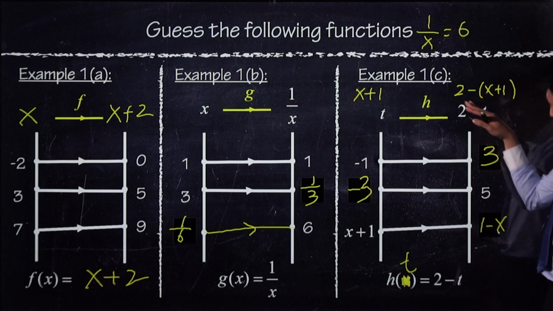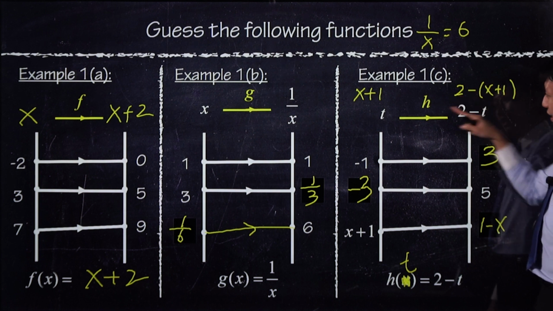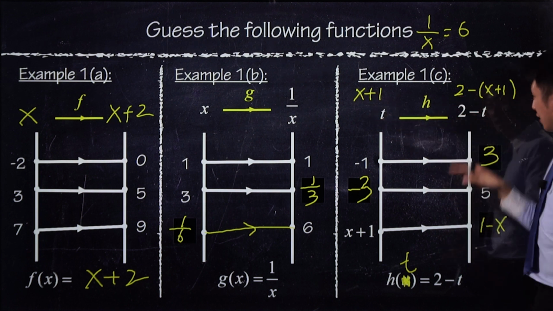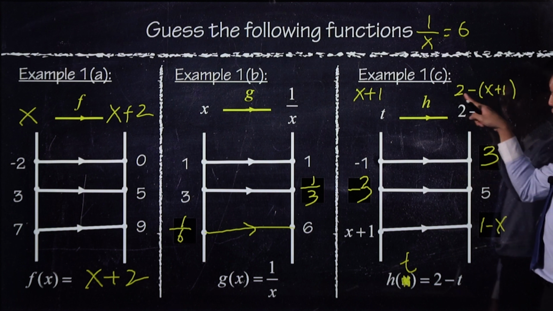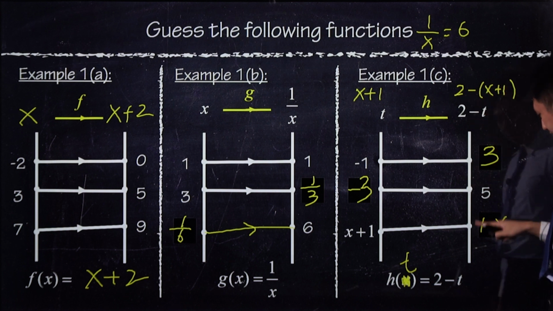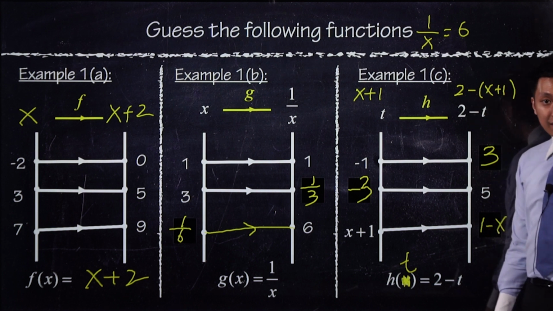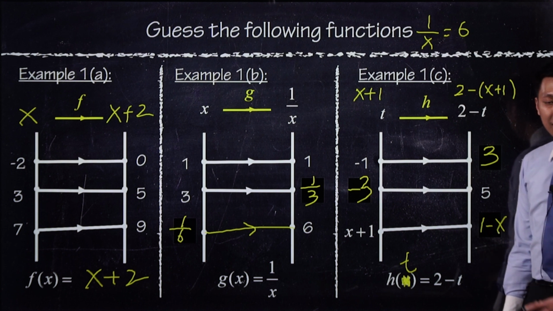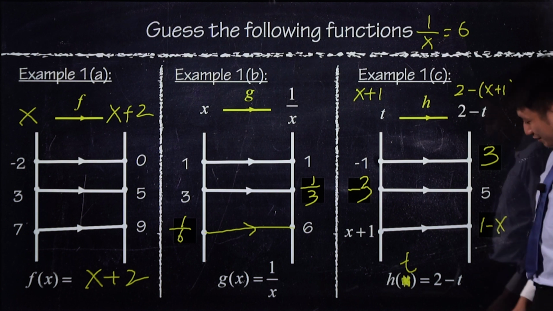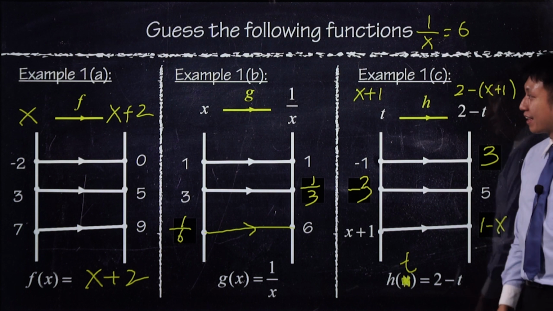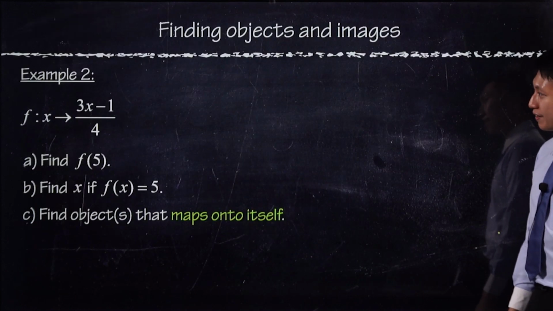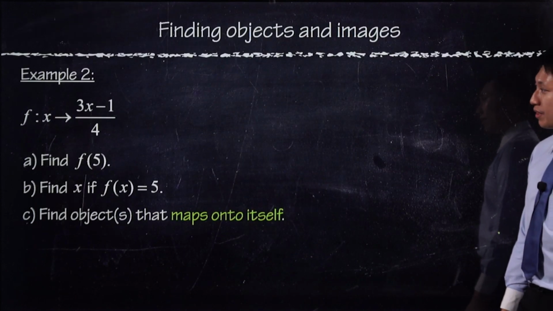So 2 minus the t, you replace it by x plus 1. So 2 minus x minus 1, so 2 minus 1 is 1 minus x. This is okay, right? Let's move on.